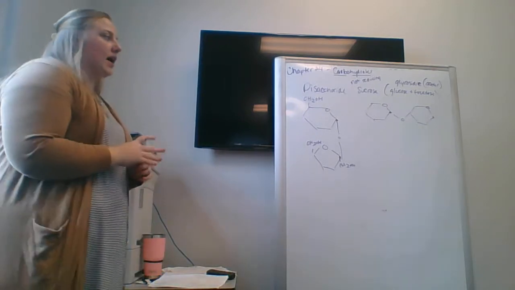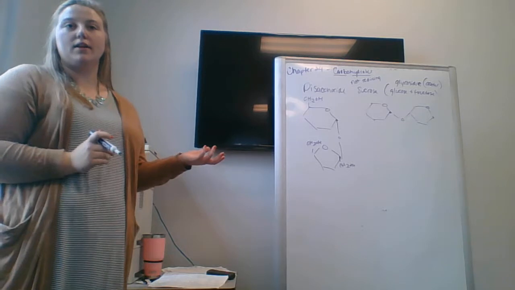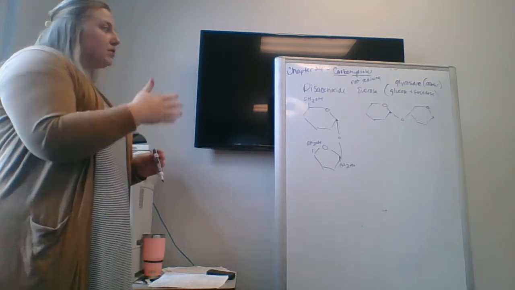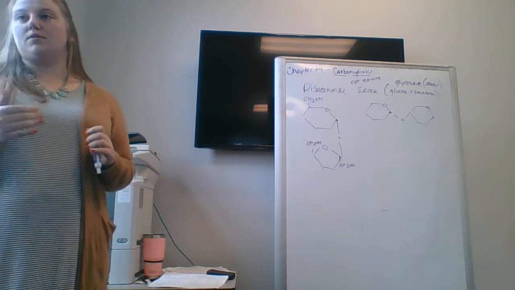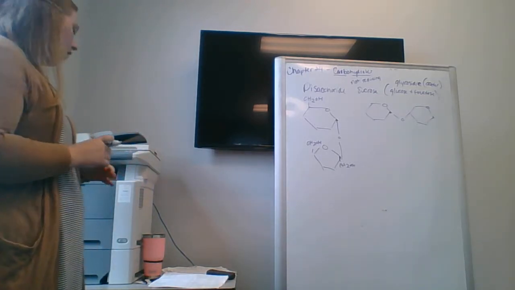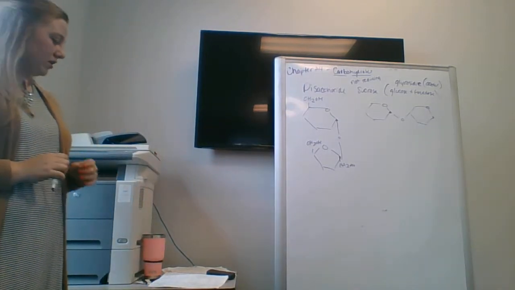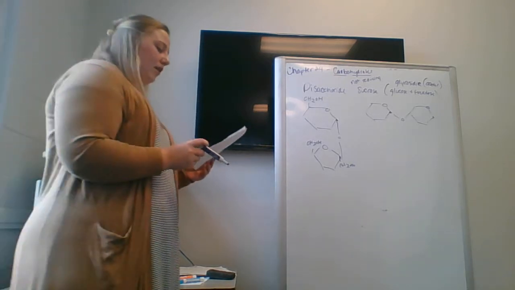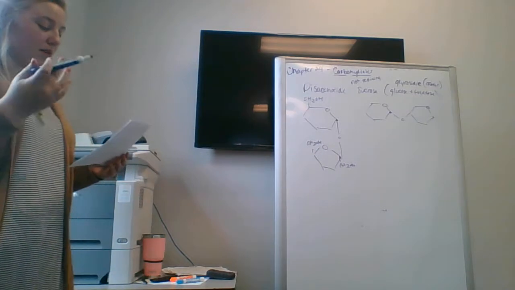And kind of an aside note, if you get questions on reducing sugar, if it's a monosaccharide that he's talking about, you can assume it's a reducing sugar. If you're talking about sucrose or any of your polysaccharides, you can assume that it's not a reducing sugar. Okay? The only way to break that glycosidic bond is to react it with an acid, and you end up with 2 different monosaccharides being formed.